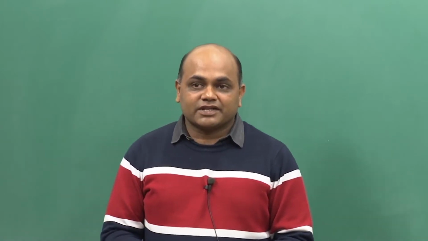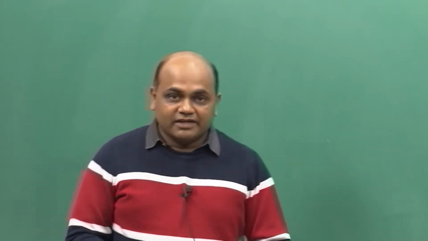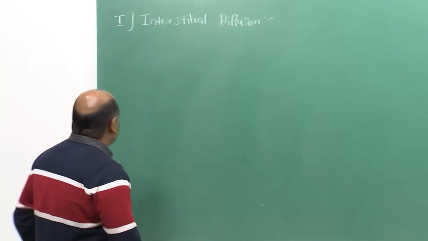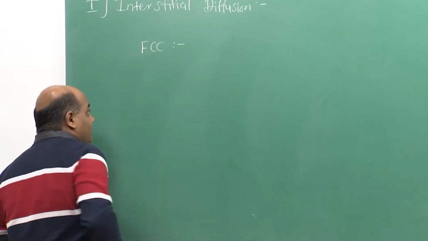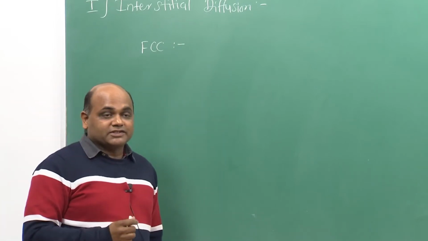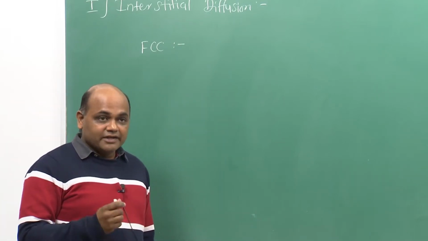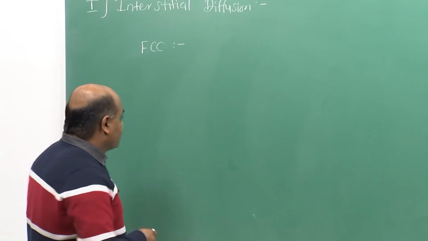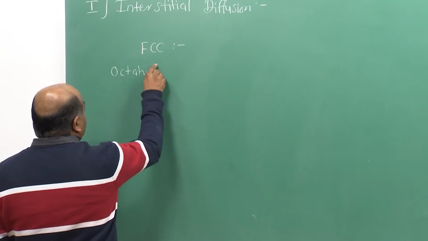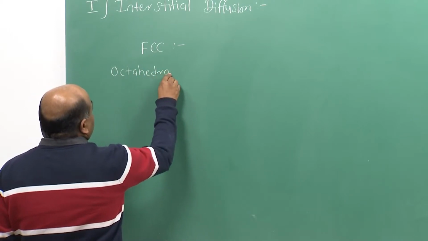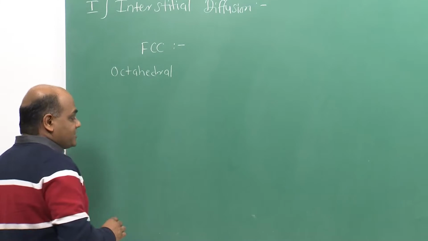So, if we can visualize the interstitial sites in FCC and BCC, let us first look into FCC. There are two types of interstitial sites, octahedral and tetrahedral. First look into the octahedral interstitial site in FCC crystal.